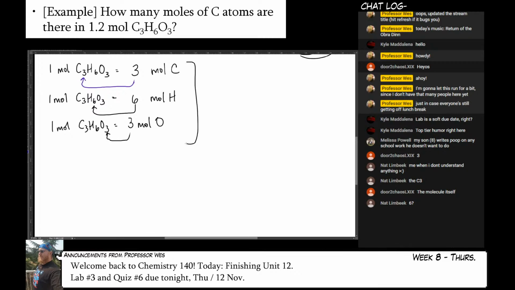So making these ratios is going to be important to solving these types of problems. So let's solve the problem. I have 1.2 moles of this stuff.